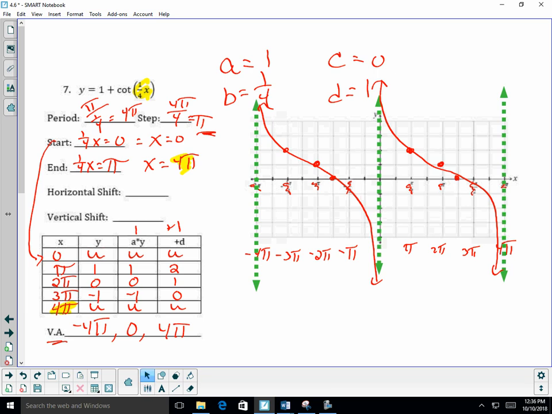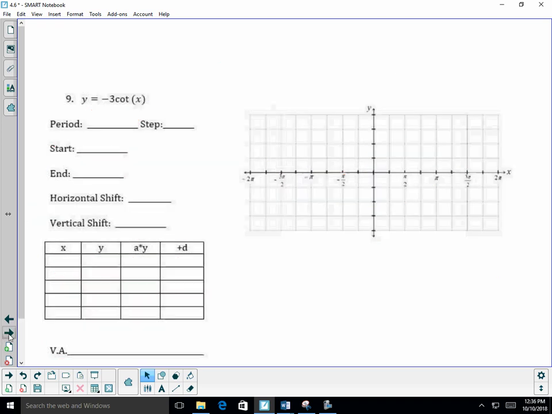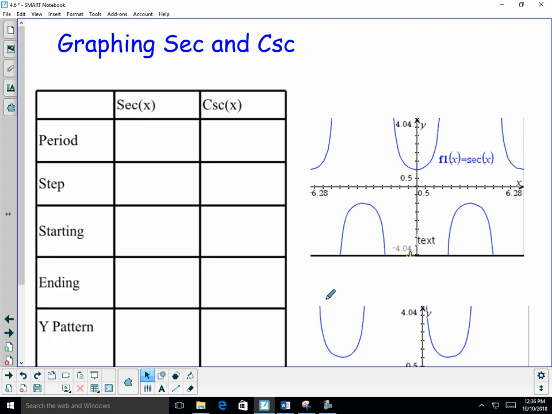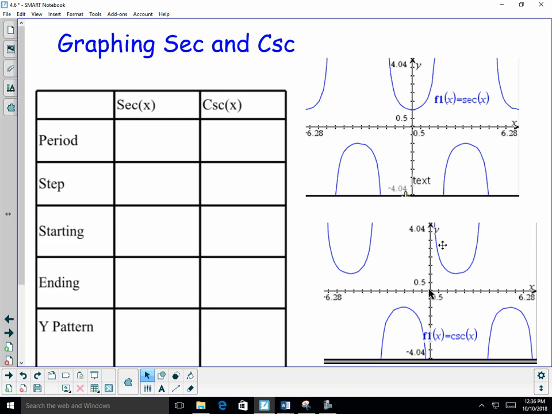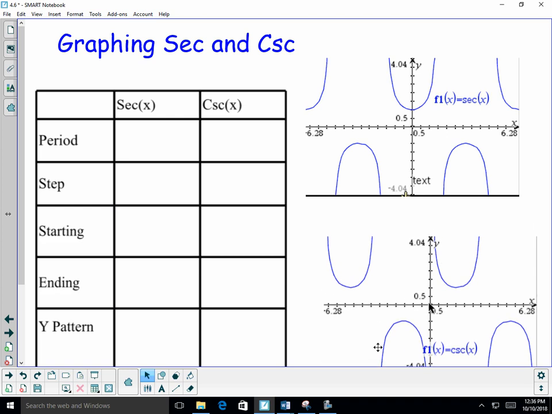So you have a couple more to practice for tangent and cotangent. And now let's look at secant and cosecant. I graph secant and cosecant for you over here so you could have an idea of what they look like. Again, completely different shape. These look like a bunch of little parabolas, I guess is the best way to describe it.